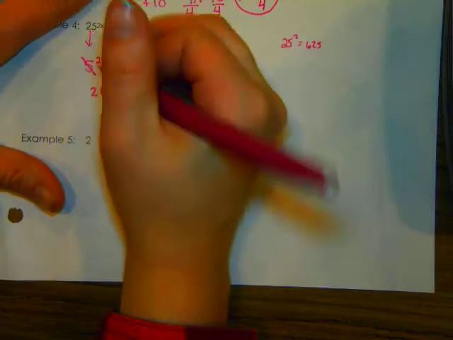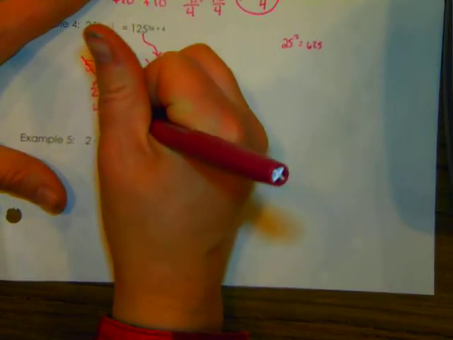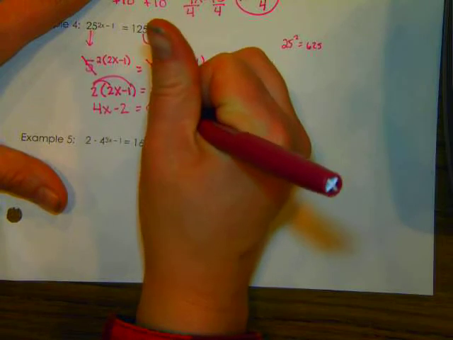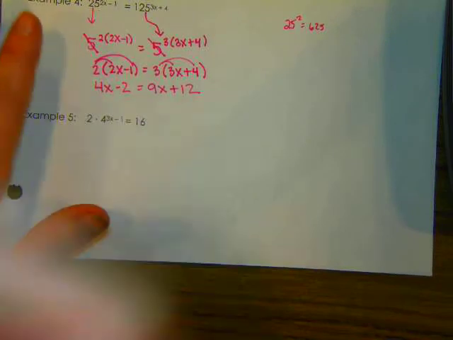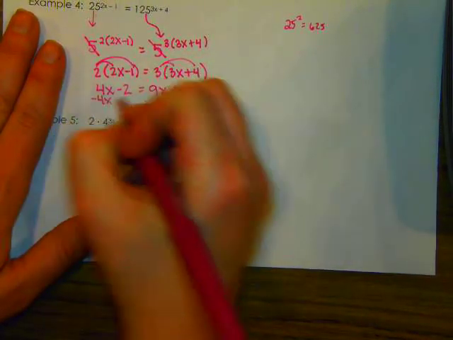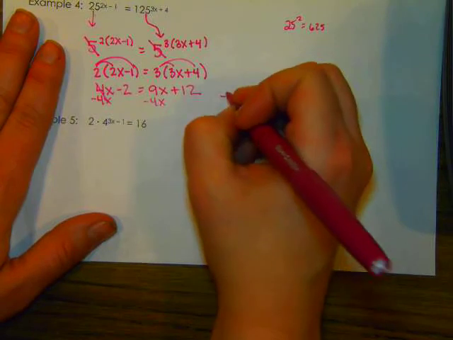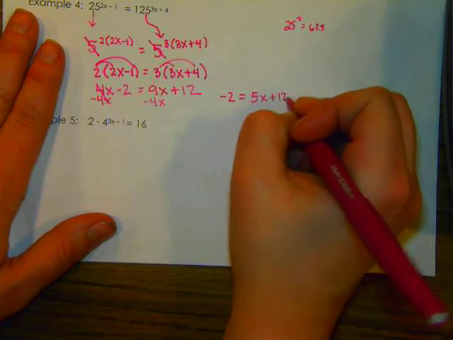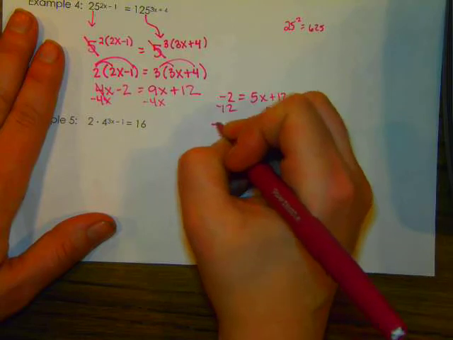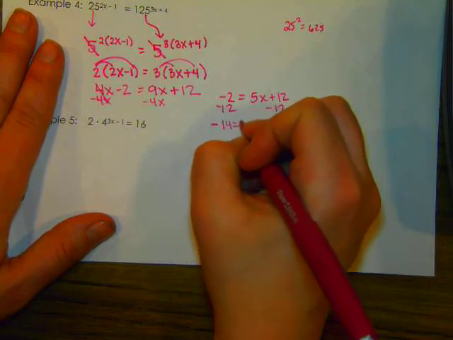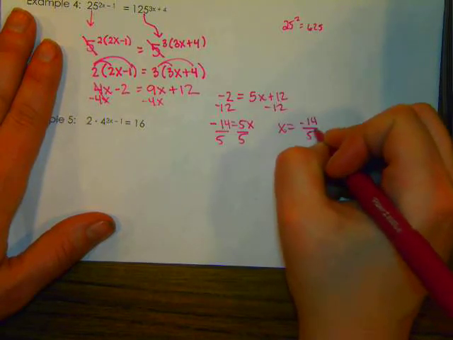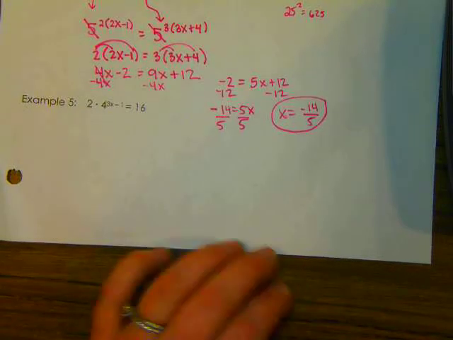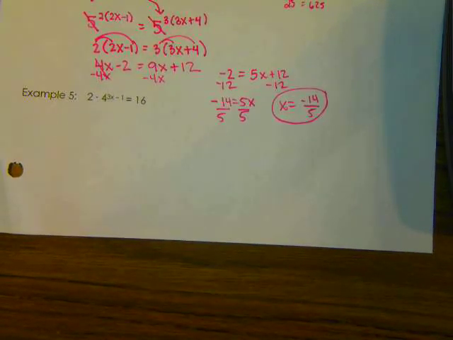And then from there, do distributive property. And then make sure you remember how to solve the equation correctly. So I'm going to bring the variables to one side and the numbers to the other. And there's my answer. So the hardest part is make it a common base, okay? Make it a common base.